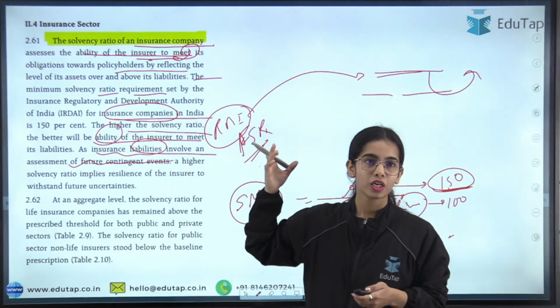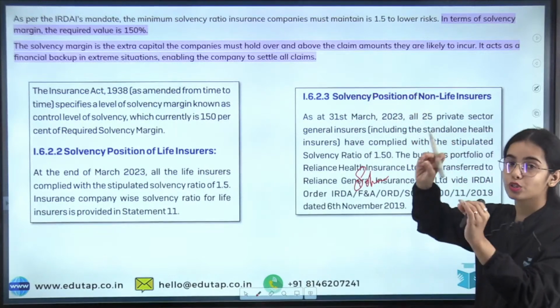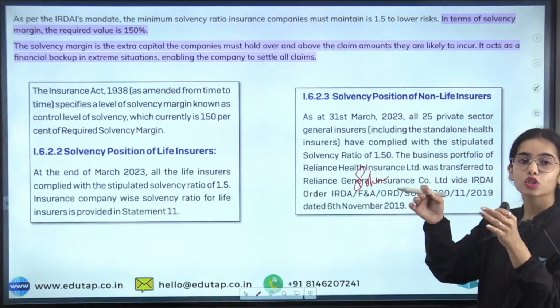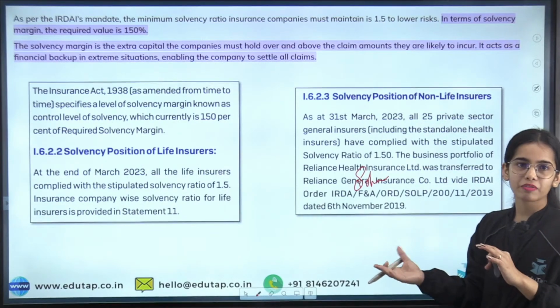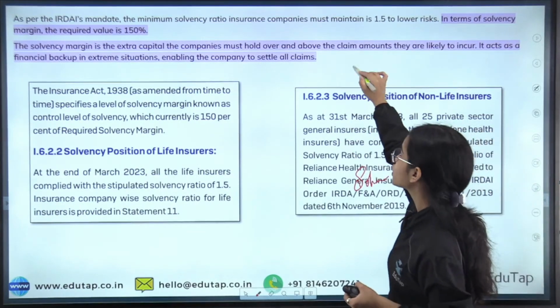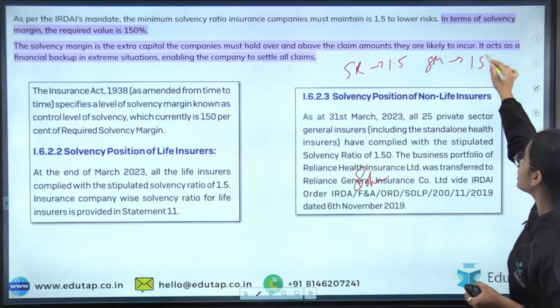So the solvency ratio is 1.5 and the solvency margin is 150%, because a ratio is not multiplied by 100, that is basic mathematics.